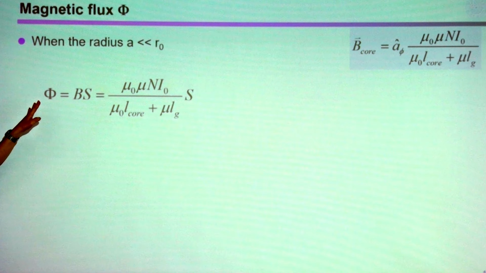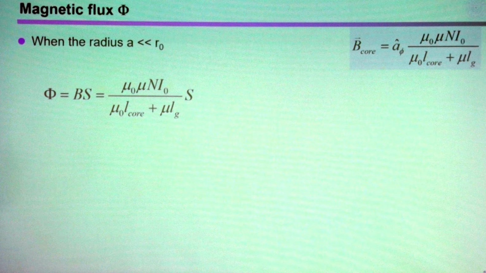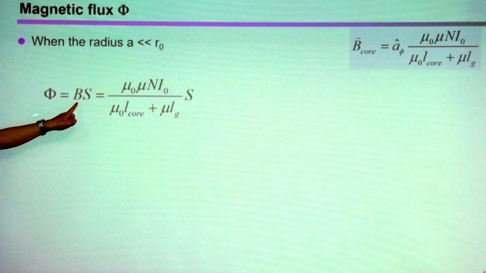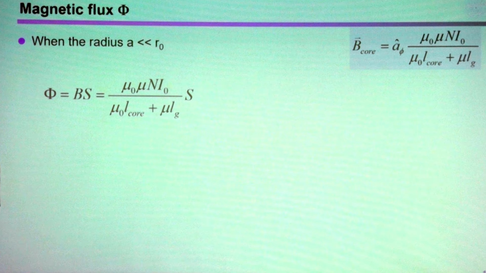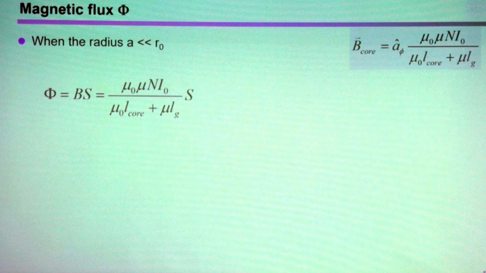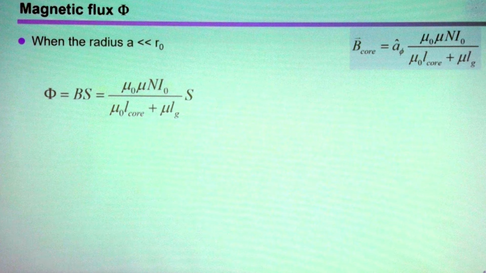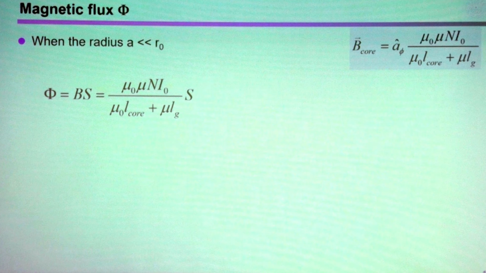What does it take to calculate the flux? The flux is the flux density multiplied by S, which means the flux is telling you how many field lines I have in this area, right?